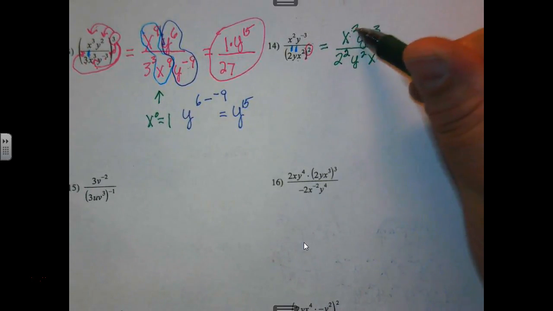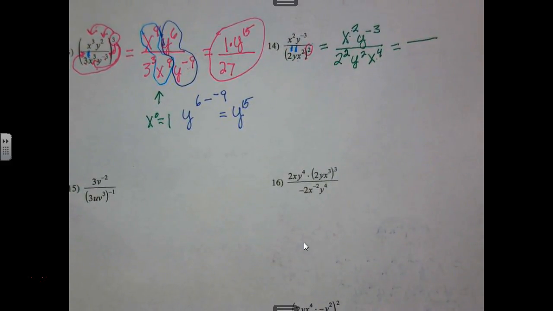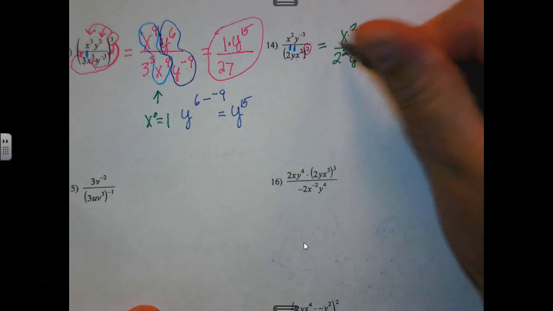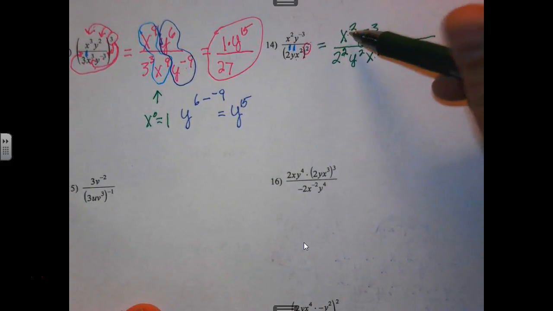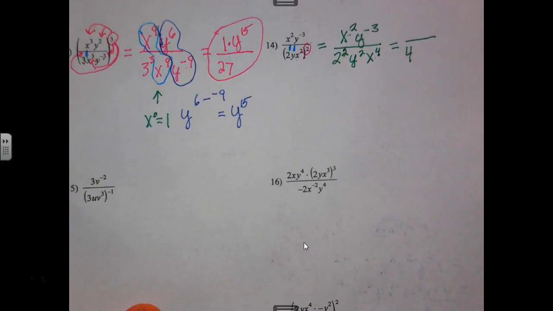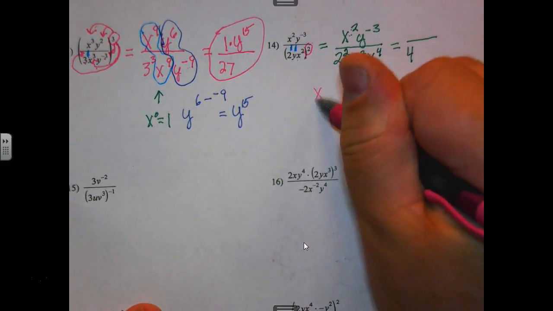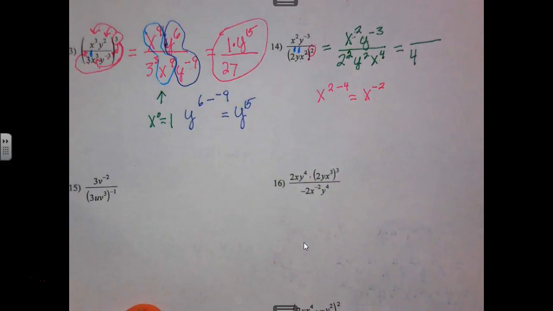Well, I'm going to move this x to the bottom, but I'm not going to do that because it'll confuse them. Okay, x to the 4th, you could multiply it out to 4. I've got x to the 2 minus 4 gives me x to the what? Gives me x to the minus 2, right?